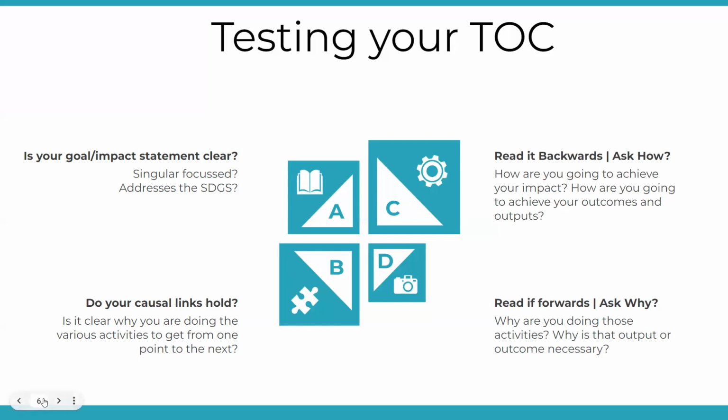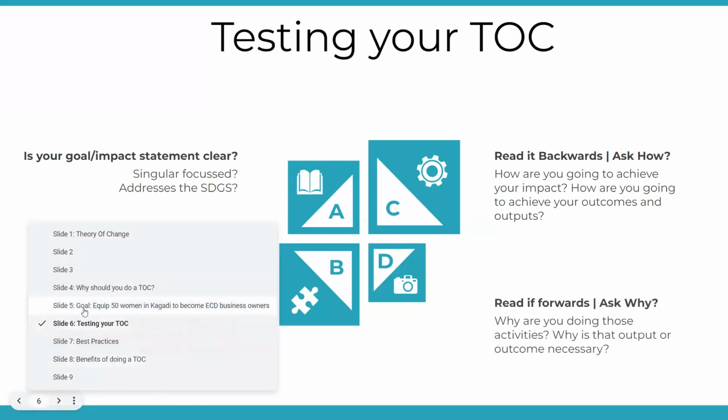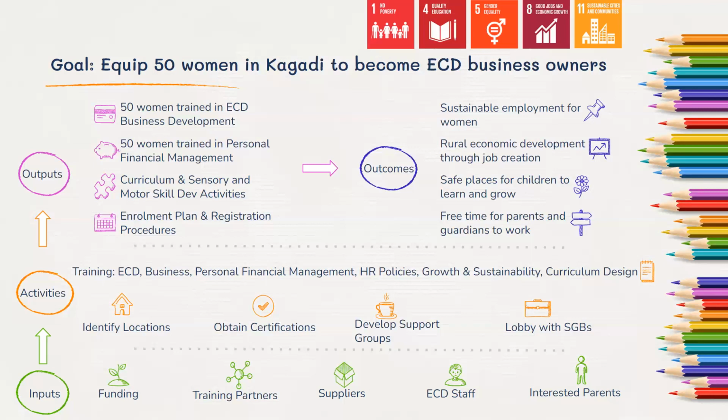If we go back to the slide just to see how this works. Now, it's important to test our causal links, as we mentioned, because it may happen that the ECDs are not successful and women's businesses are closing down and we don't understand why.